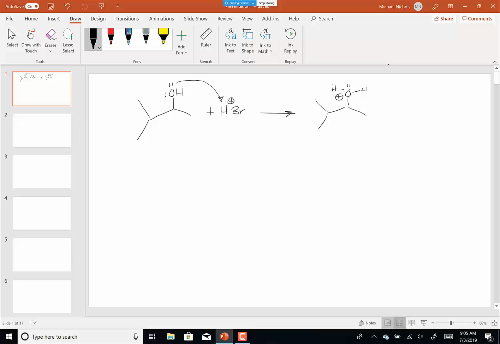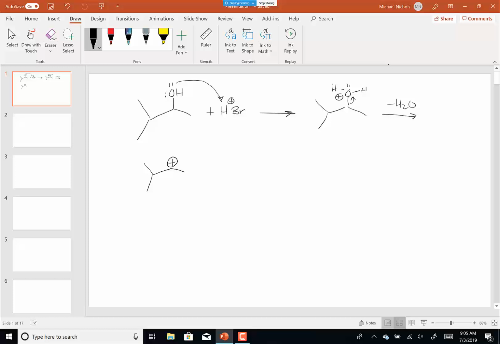And if you're going to do an SN1 mechanism on this reaction, you have to lose the water to form the carbocation. So you have to basically lose the H2O and form that carbocation.